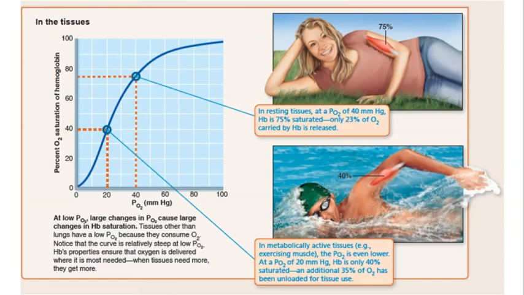This is helpful for unloading oxygen at tissues and muscles during exercise because these tissues have relatively low oxygen concentrations when activity is taking place. The blood going to these tissues will more easily release its oxygen because that's where it is needed, ensuring that oxygen is delivered to places where it's needed most, like skeletal muscles undergoing exercise.